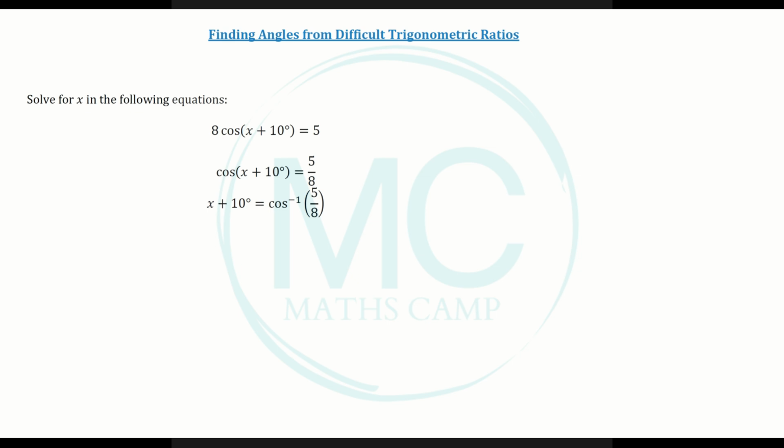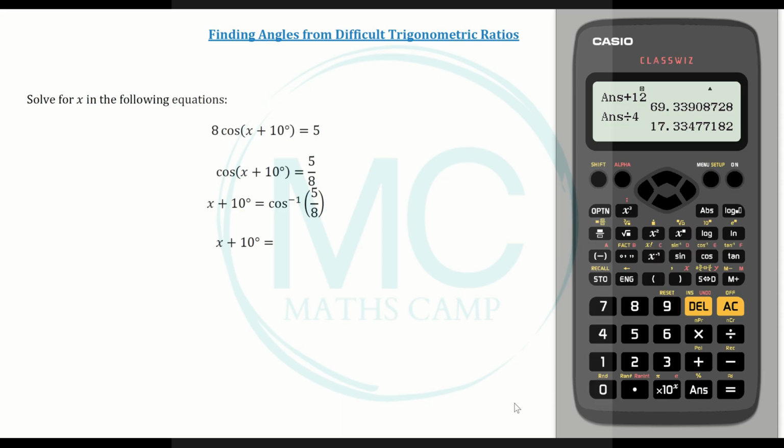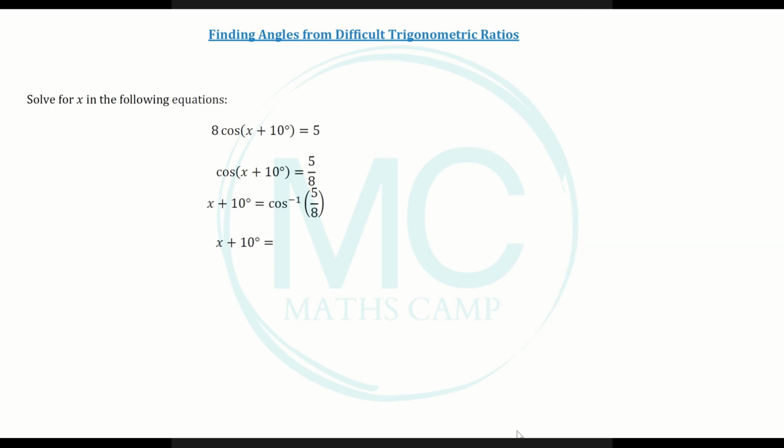Let's get our calculator out, clear our screen, and we're going to say shift cos multiplied by 5 divided by 8, close the bracket, is equal to 51,317. Let's round off to two decimal places, and we see that x plus 10 is equal to 51,32 degrees.